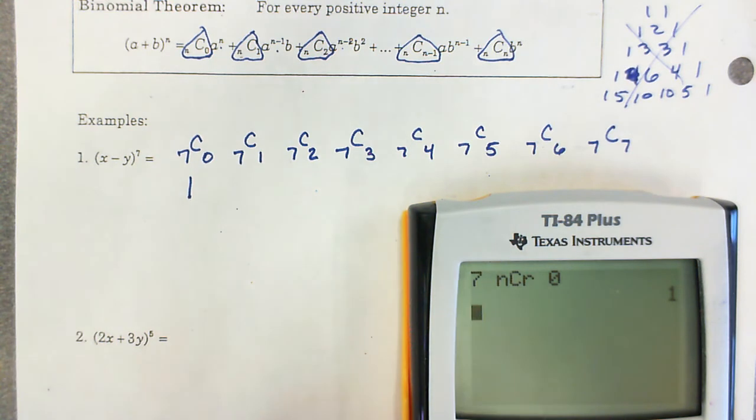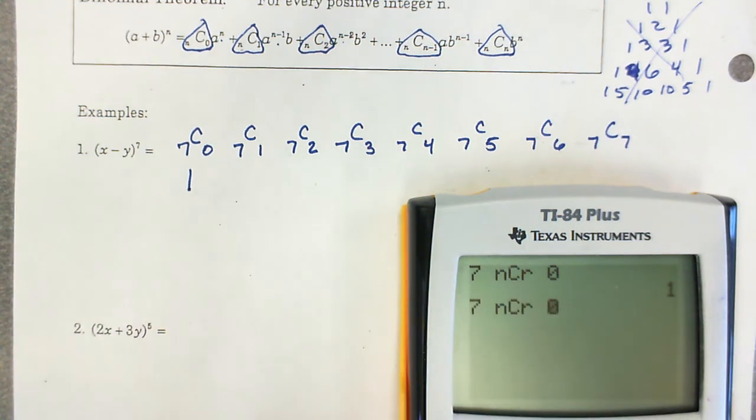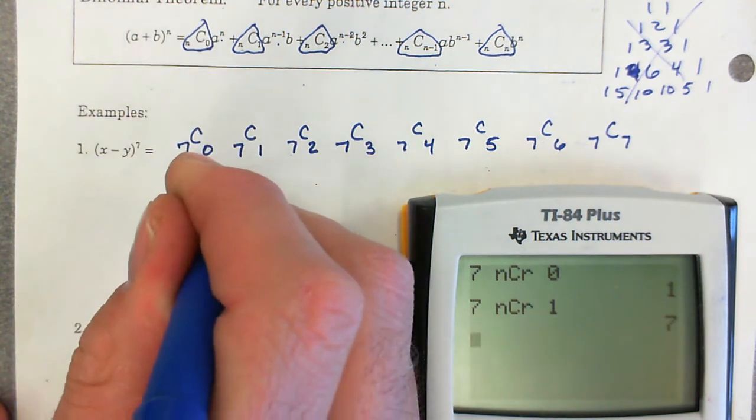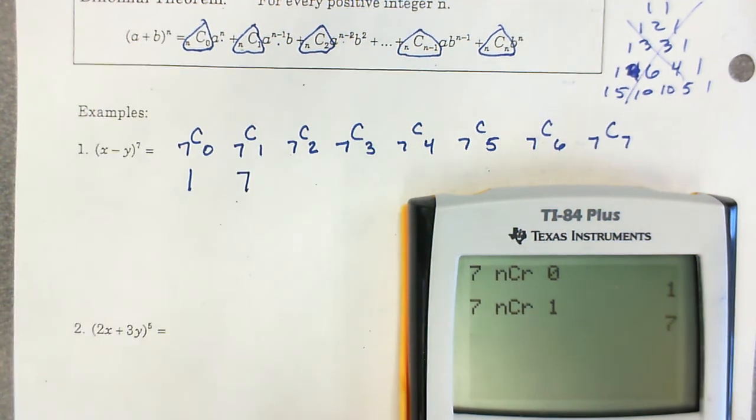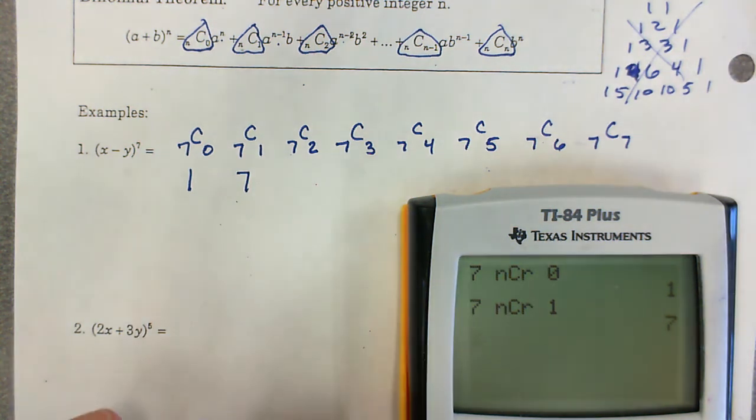So we really didn't need to do that one. If you hit second and enter, you can recall the expression quickly and then just go back and edit the 0, change it into a 1, and you get a 7. Again, we really didn't need to work that one out because we knew the second number should be 7, because remember the second number always matches the power.